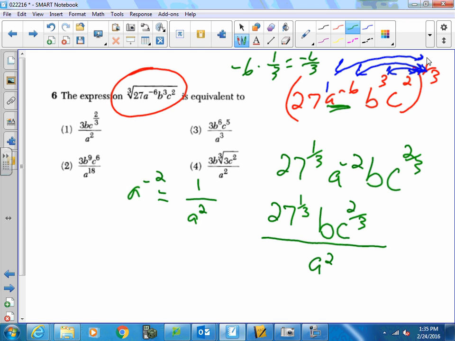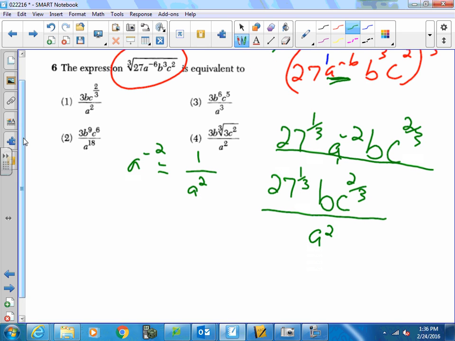Remember, if you have something where it doesn't look like it's a fraction, you can always put it over 1. So this one I could really put over 1. And so I move my A squared down to the bottom. Now hopefully you remember that 27 is a perfect cubic number. And so for 27 to the 1/3, it's what times itself 3 times gives me 27, which in this case would be 3.